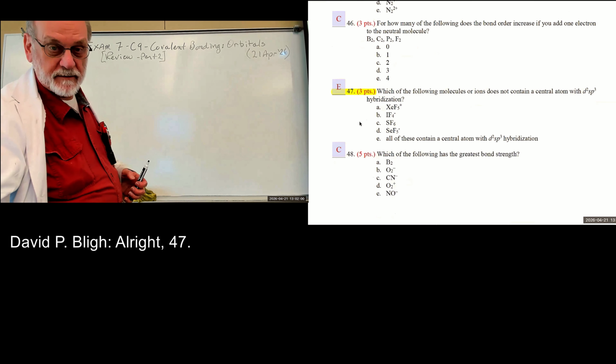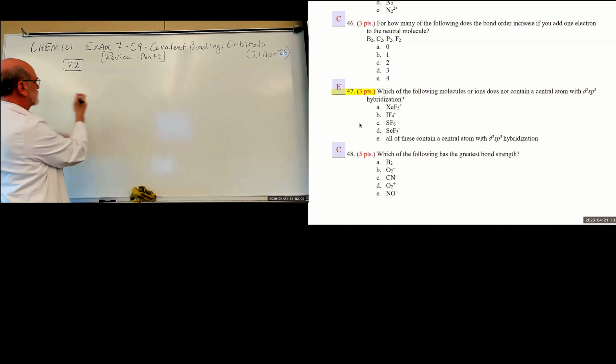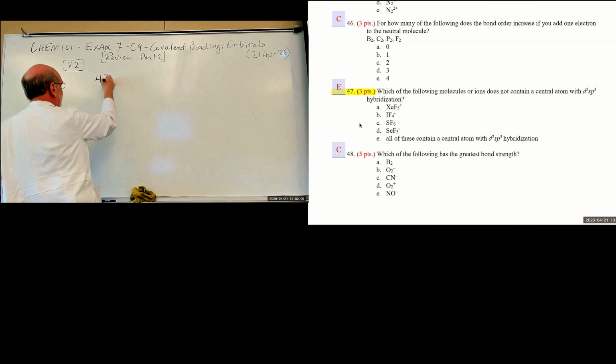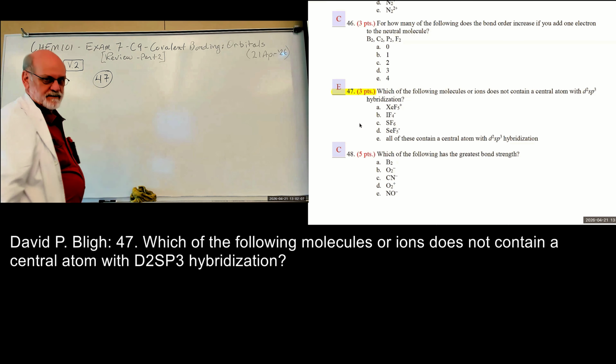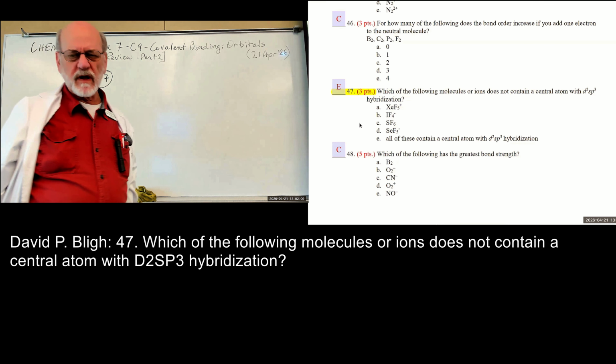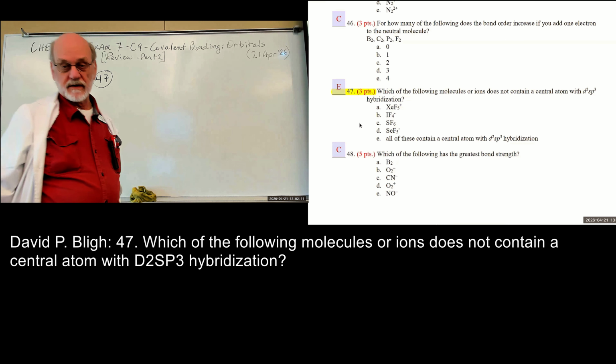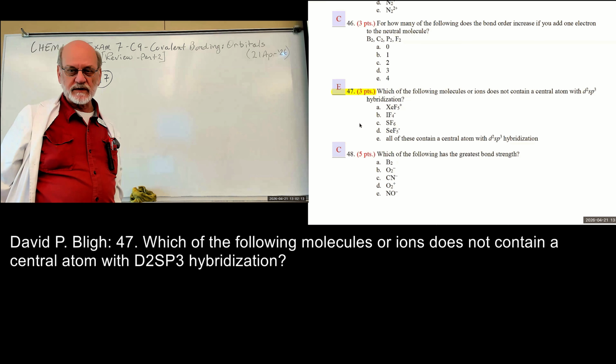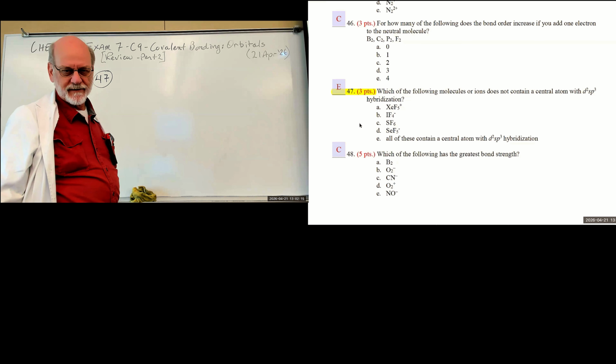All right, 47. Which of the following molecules or ions does not contain a central atom with d2sp3 hybridization?